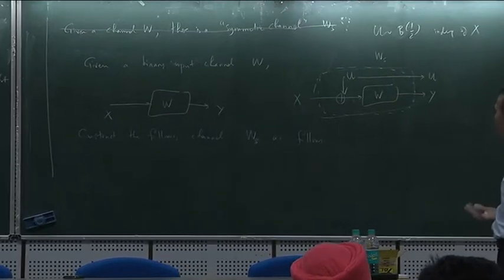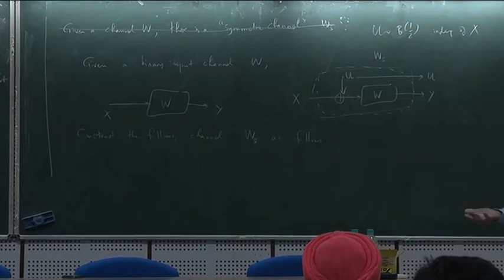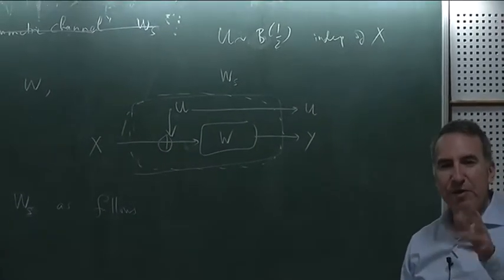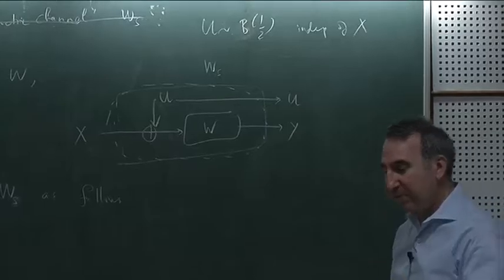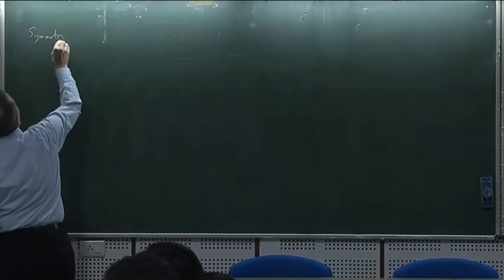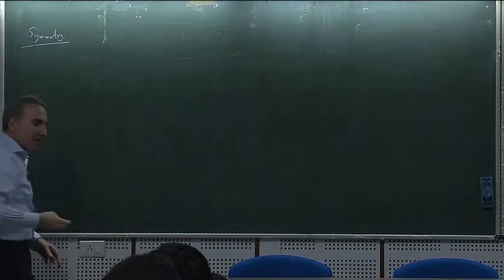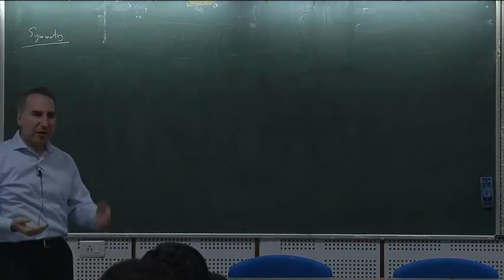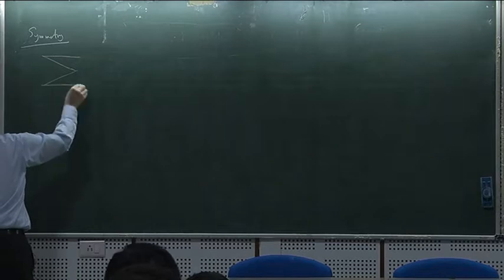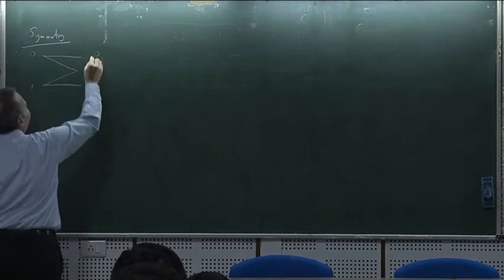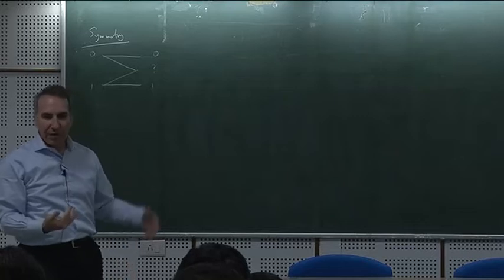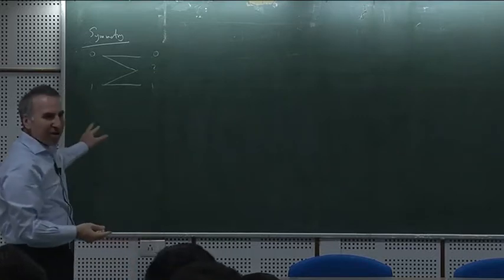Now, the nice thing about WS is the following. First of all, this WS is symmetric. Let me define what I mean by symmetry. Maybe let me just start with a couple of examples. Take a look at the binary erasure channel. This channel looks symmetric.